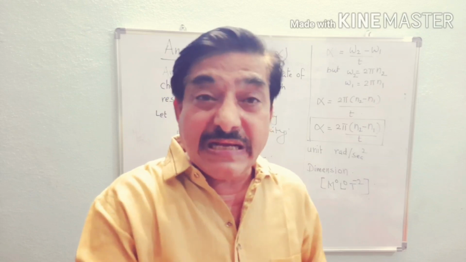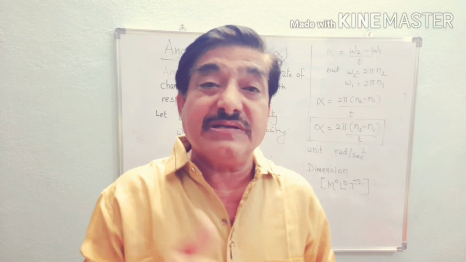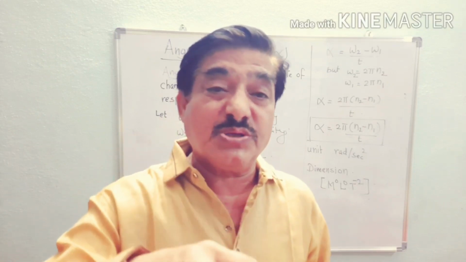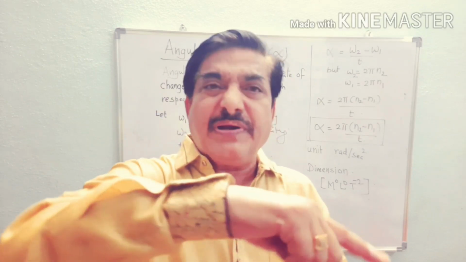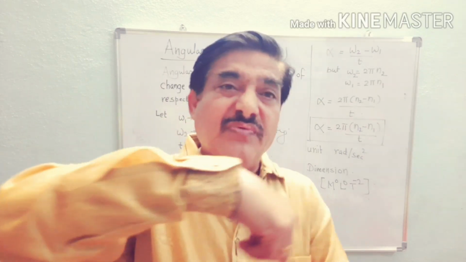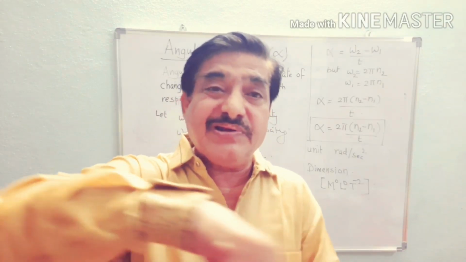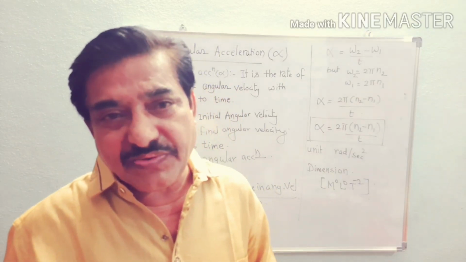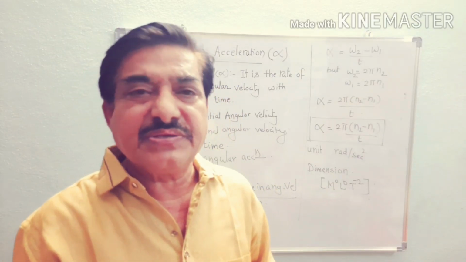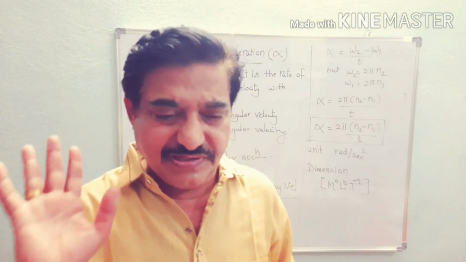But the sign conventions change when this angular acceleration is used in a cross product. In a cross product, if a particle revolves in an anti-clockwise direction, then alpha is positive, and if the particle revolves in a clockwise direction, alpha is negative. So this is the difference in the sign conventions for angular acceleration.